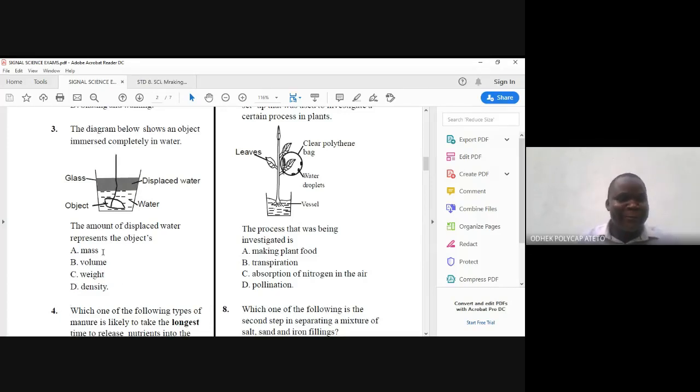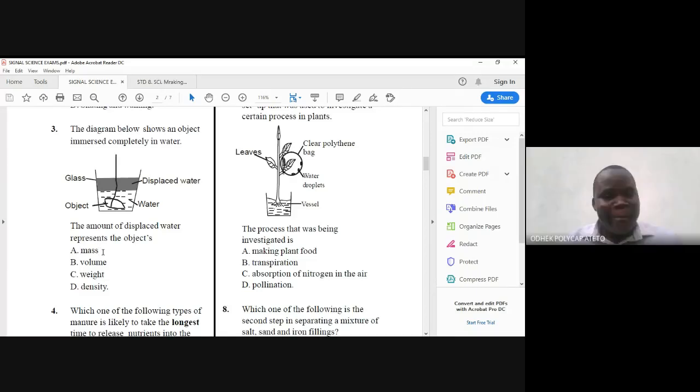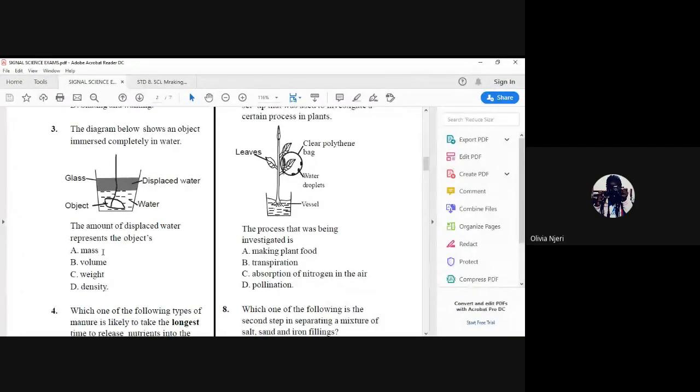So start, Olivia. Mass is the quantity of matter in a substance, measured using a beam balance. The units for mass are kilogram, tons, and grams. Correct? Number 2, volume.